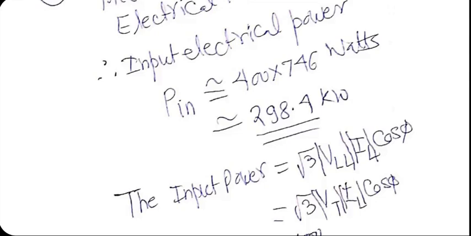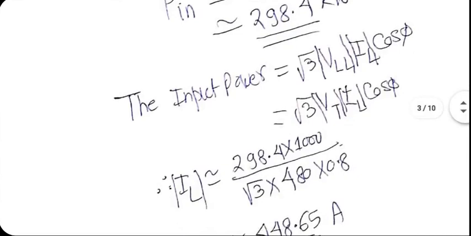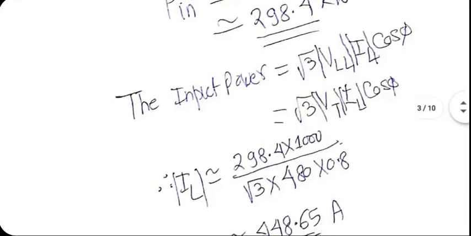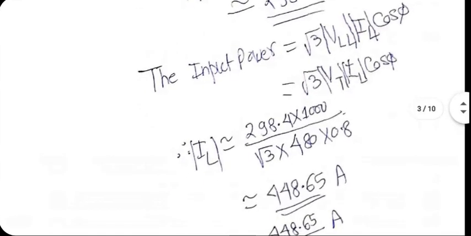Now, line voltage and phase voltage are the same because of delta connection. So we can write this as square root of 3 Vt magnitude into IL into cos. And then we calculate IL magnitude from there. So line current magnitude turns out to be 448.65 amperes.